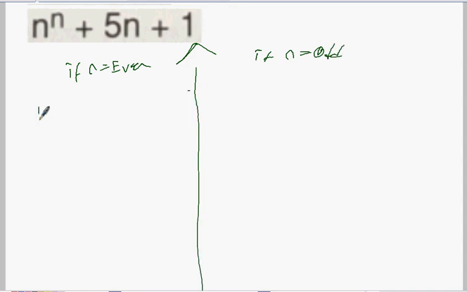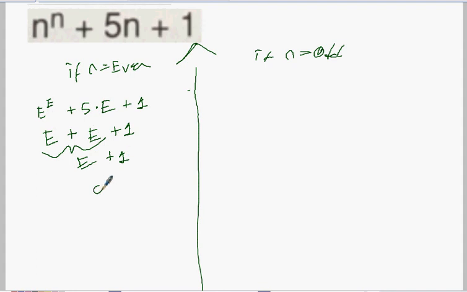So there will be an even number with even power plus 5 times even number plus 1. So if your base is even, all the results are going to be even. If you multiply an odd number by an even number, it should be even, then plus 1.